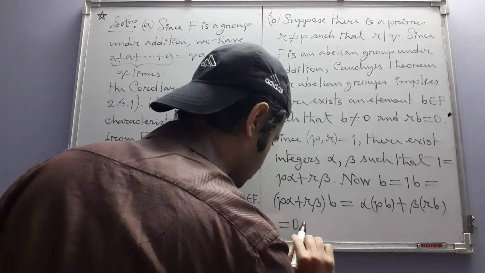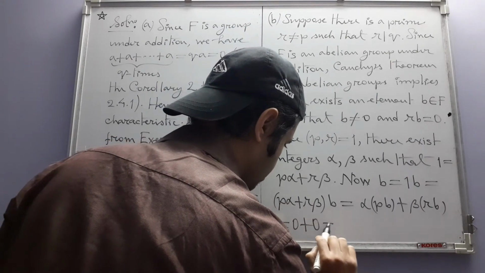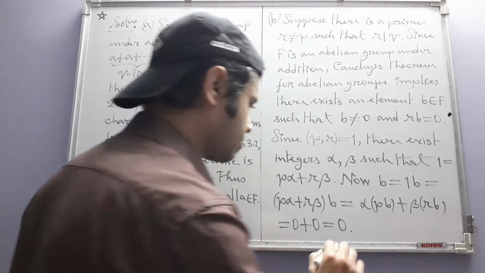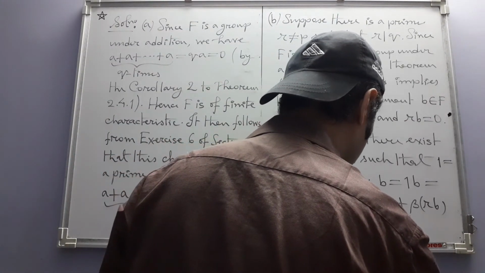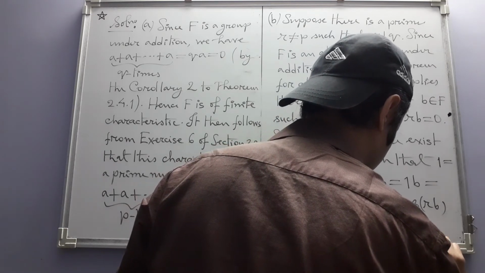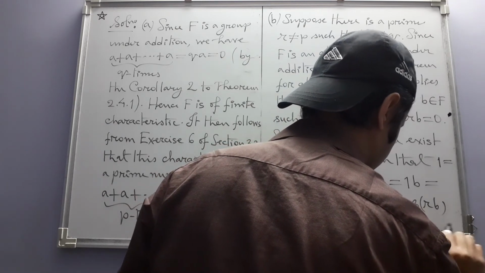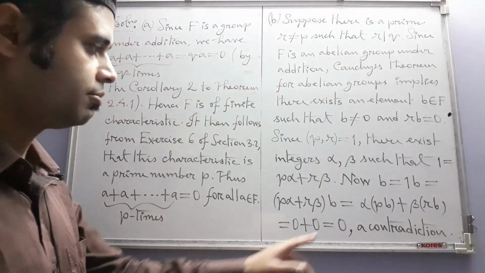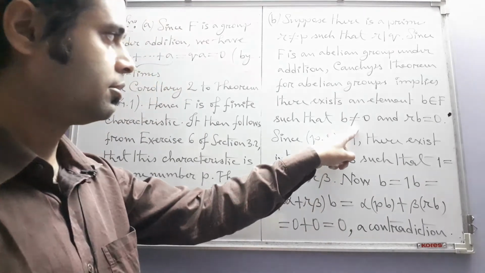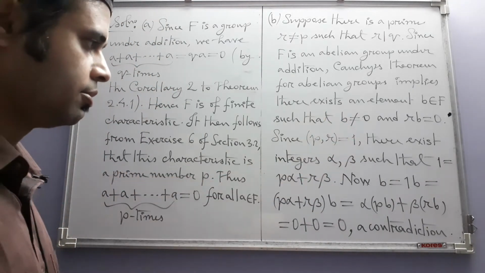This is equal to 0 plus 0 equal to 0. A contradiction. What have we contradicted? We have obtained B equal to 0, but B is not equal to 0.